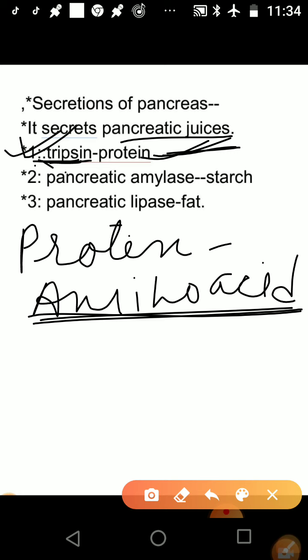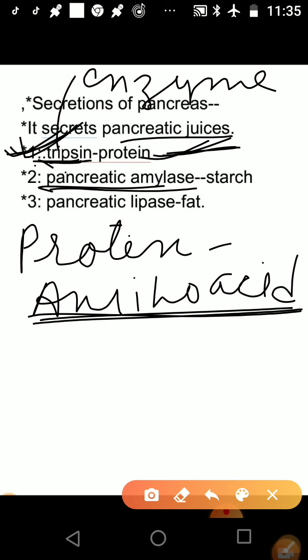Now you will ask, ma'am, protein is already digested in the stomach. Yes, of course, but some part is not digested, and that part is digested with this enzyme trypsin. Again, what is trypsin? Trypsin is an enzyme. Okay, so trypsin helps to convert the protein into amino acid.